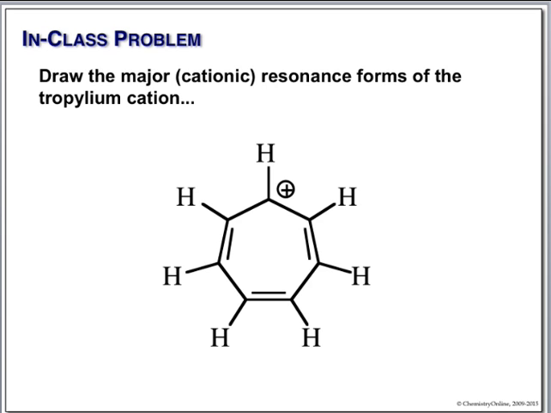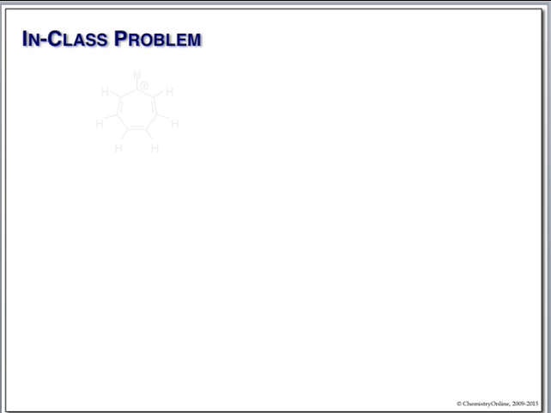Go ahead and start with tropylium and draw me resonance forms that will explain exactly why this is so stable. Remember, these are all sp squared centers, so we can move electrons between them.